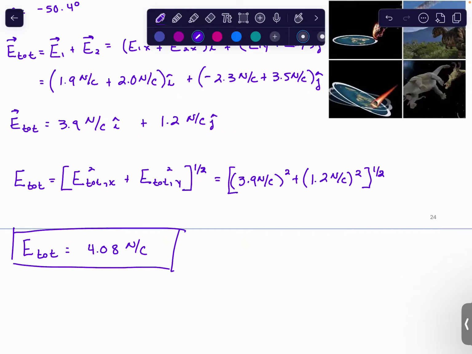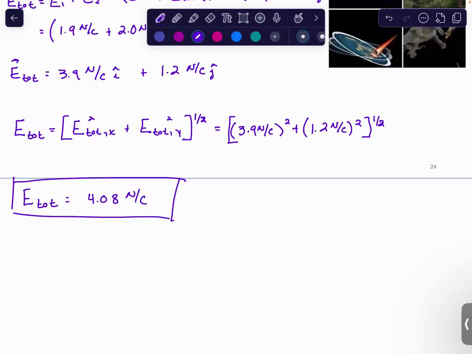Then, what about the direction of this vector? Phi, again, inverse tangent of y over x.